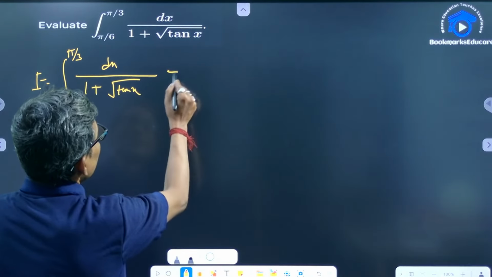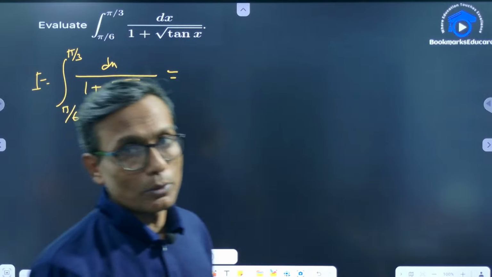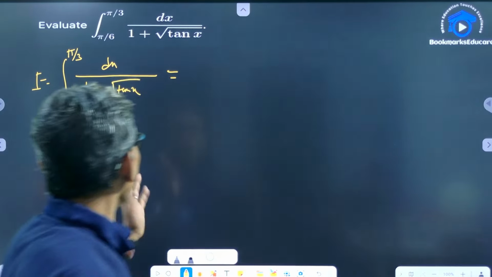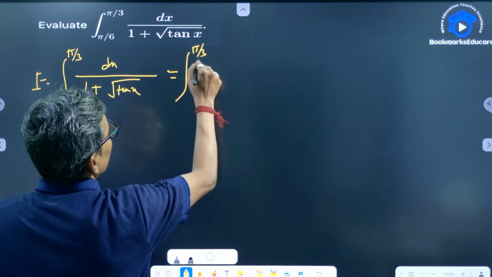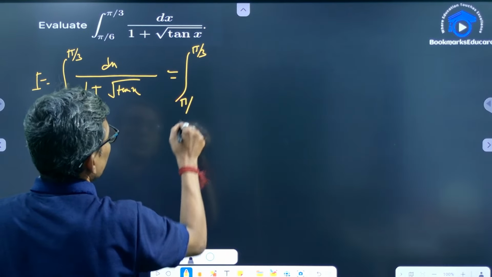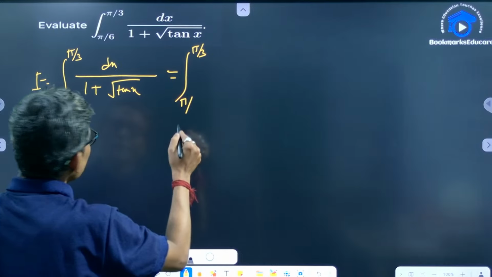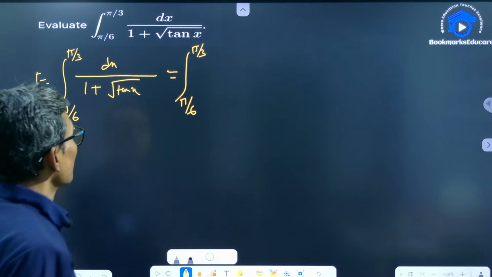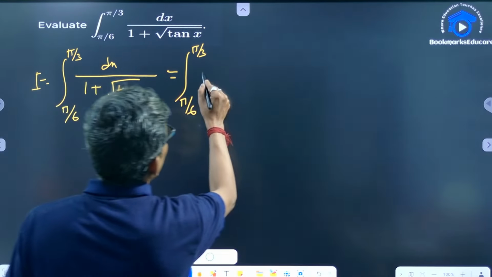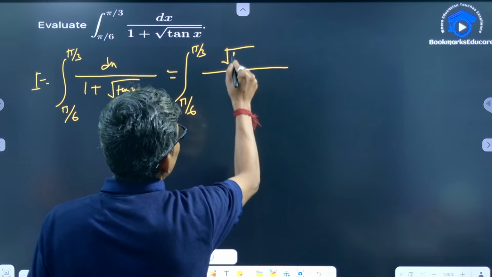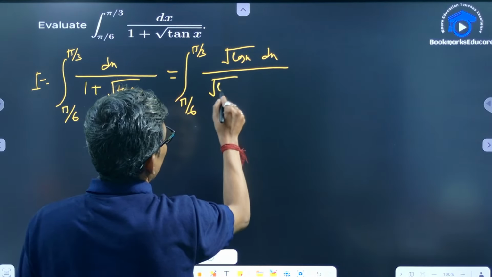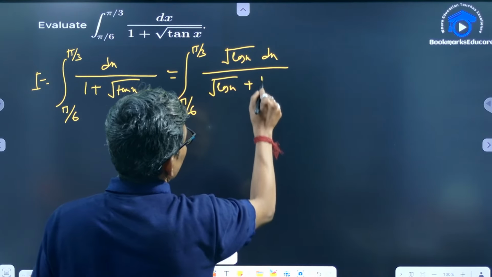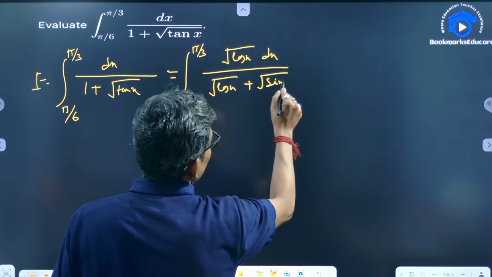So multiplying numerator and denominator by root over of cos x, we will get root over of cos x dx by root over of cos x plus root over of sin x.